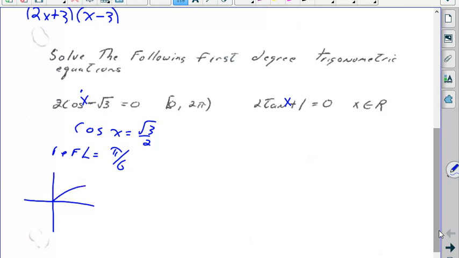Cosine is positive in quadrants 1 and 4. Our solutions are pi over 6 and 11 pi over 6. Okay, so again, exactly what's on the test on Monday.